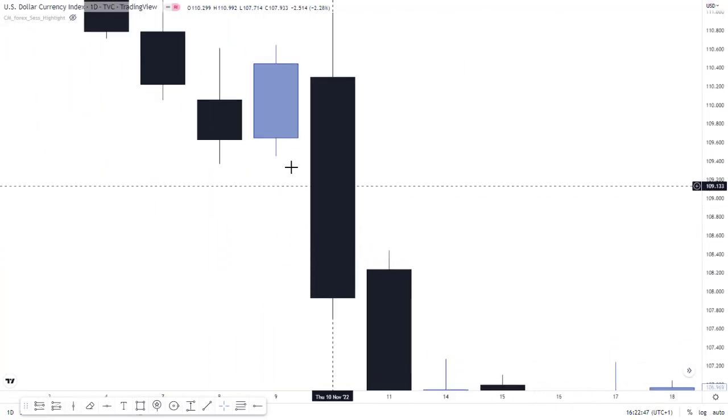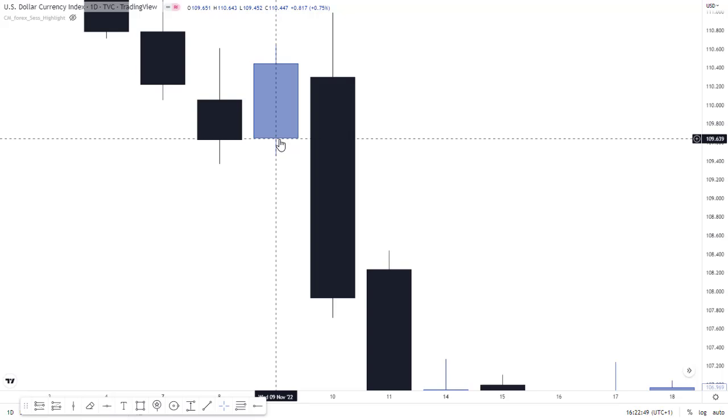Now if you observe the opening on this candle here, the opening from the body, not the wick, is 109.63, and the close is 1110. So technically, this is a bullish candle. Why? The opening price is lower than the closing price.